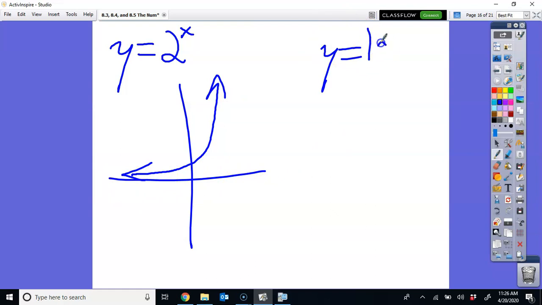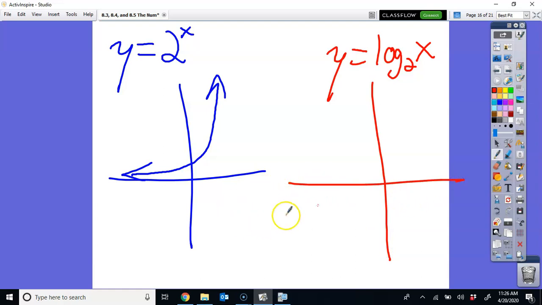A logarithm base 2 is the inverse of an exponential base 2. Let me change the color here to distinguish between those. It is an inverse, so it's going to reflect across. The x's and y's are going to switch. So it's actually going to be a graph that looks like this.